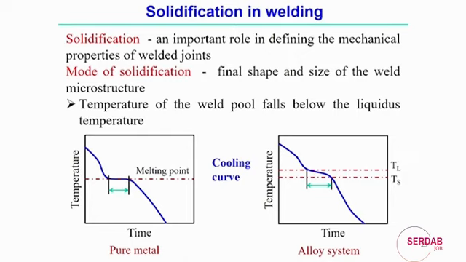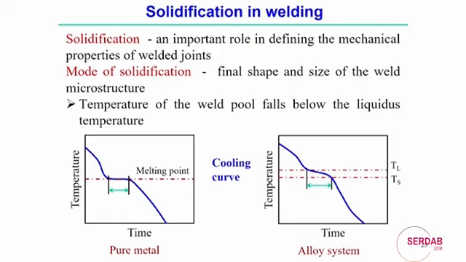The time versus temperature curve starts from the superheating temperature, and there are two defined temperatures between which solidification happens, from the liquidus temperature to the solidus temperature. Between these two is normally called the mushy zone. A mixture of solid and liquid phase exists between the solidus and liquidus temperatures.